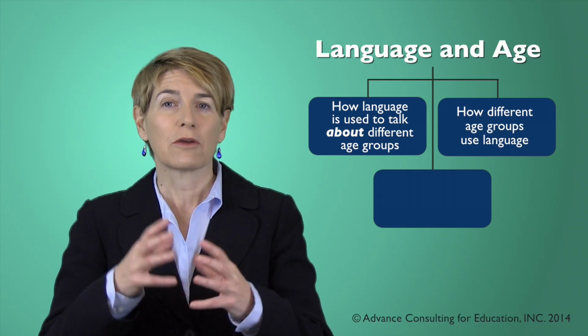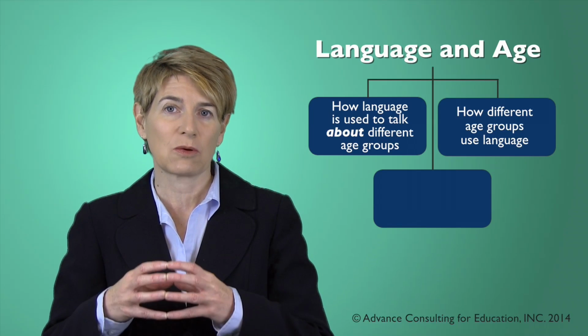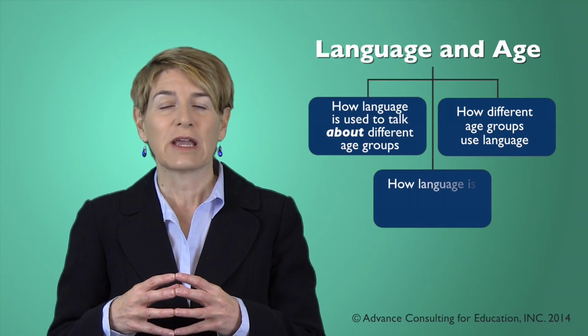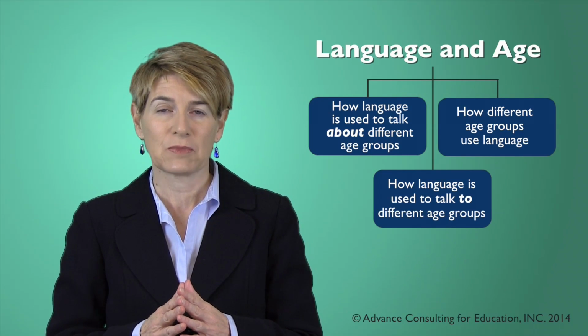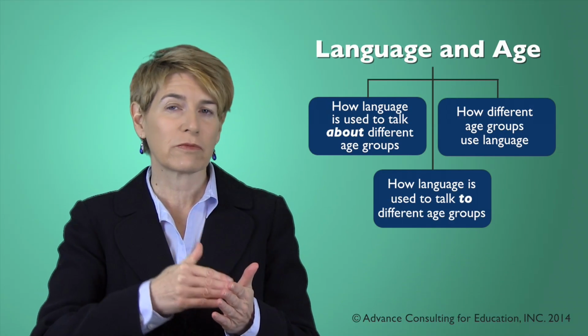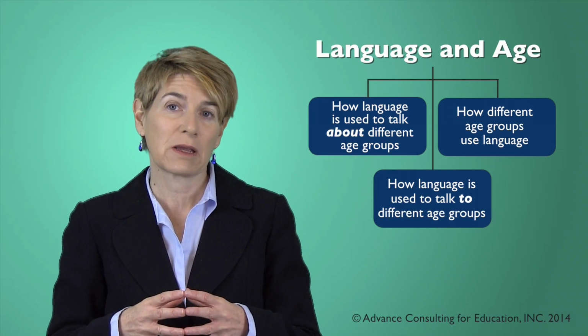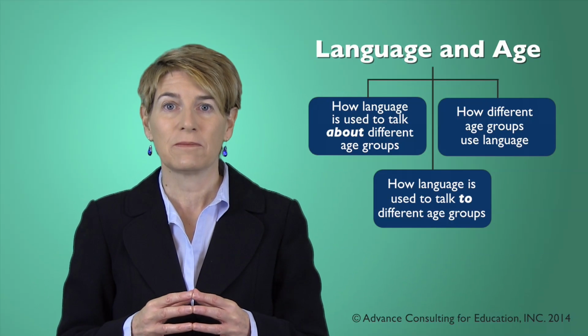Are there any specific features about language that those four different age categories use? And then finally, there's the language that we use to talk to that specific age group. When we're talking to children versus talking to adults versus talking to seniors, for example, how does our language change? So we'll take a look at each of these three in turn.